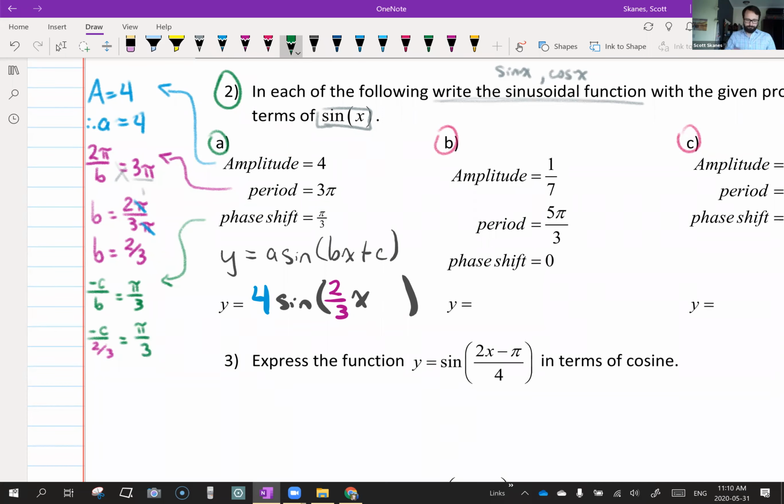How do I get that? Some of you will look at that and just sweat and have no idea what to do. Others won't have so much trouble with it. How am I going to get that C?